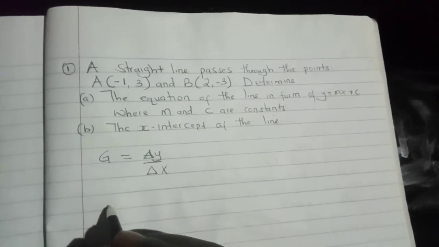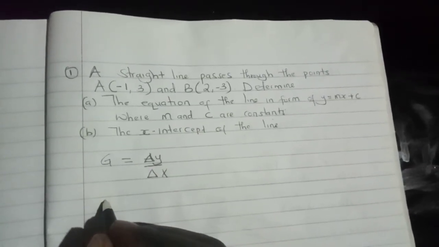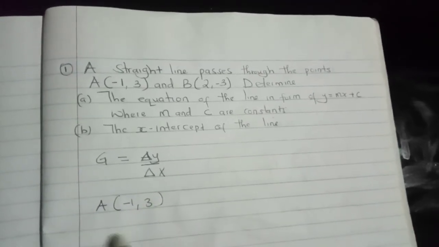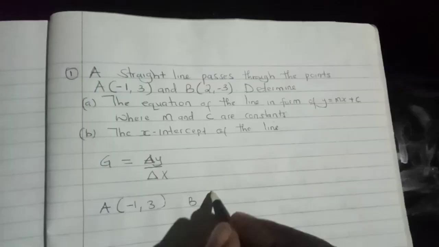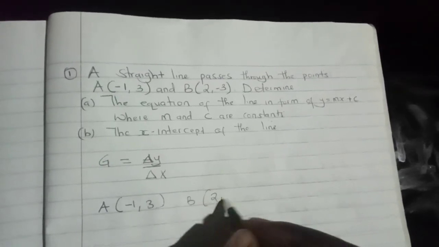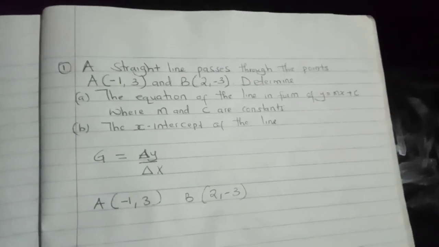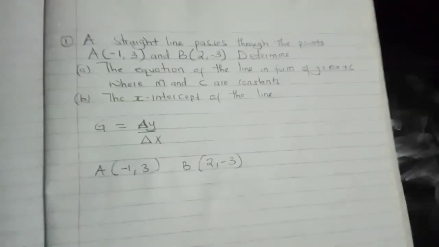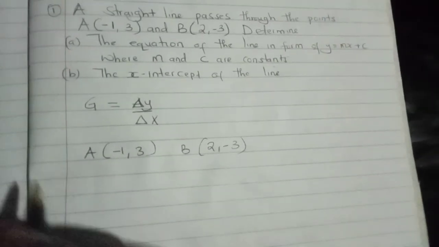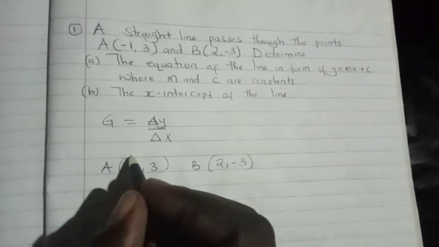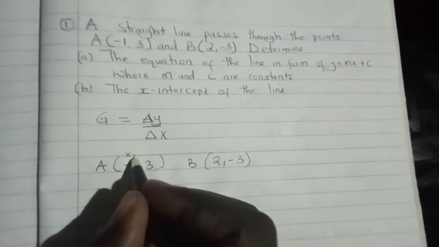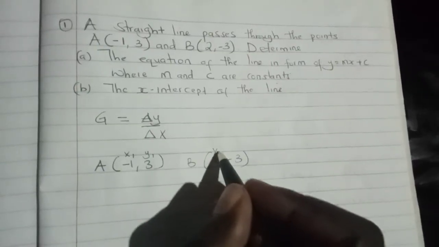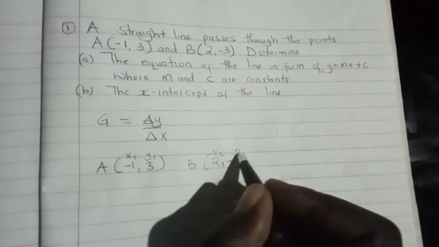So we have the coordinates at point A, which is (-1, 3), and point B, which is (2, -3). Coordinates are always written in form of x, y. So that means in coordinate A, this one is x1 and this is y1, and in B this is x2 and that is y2.